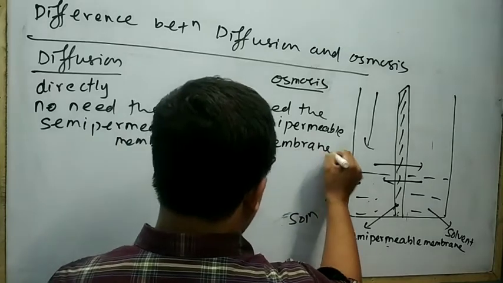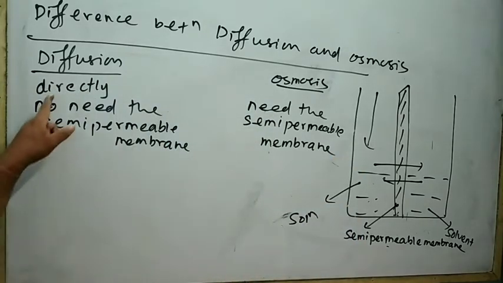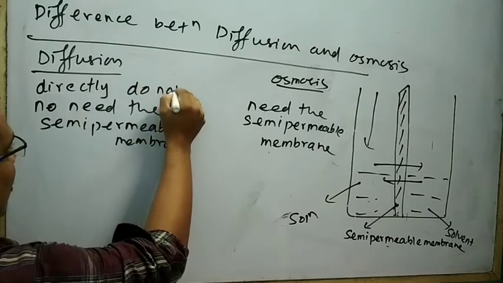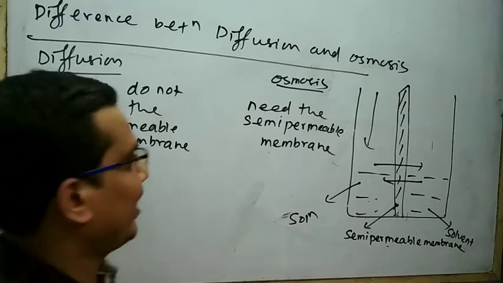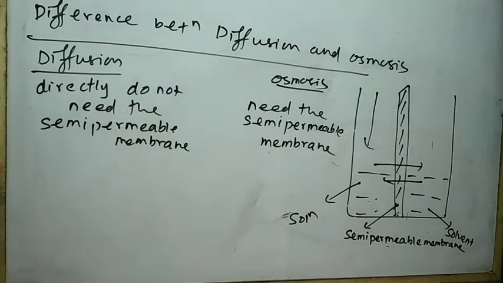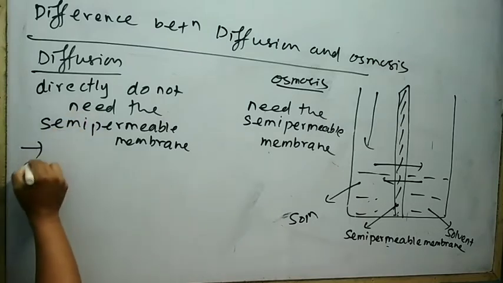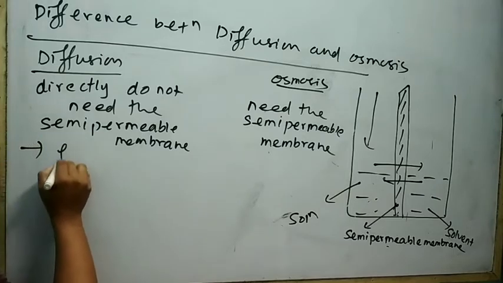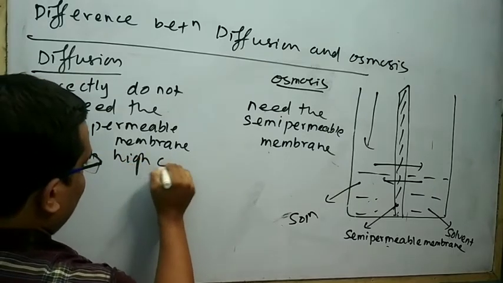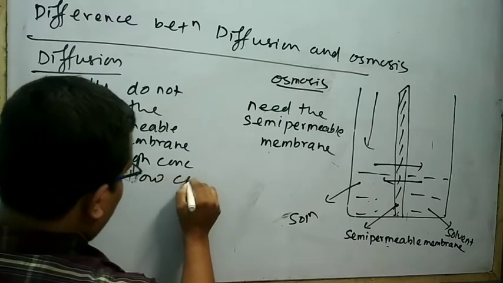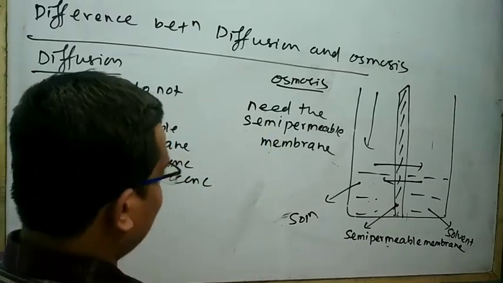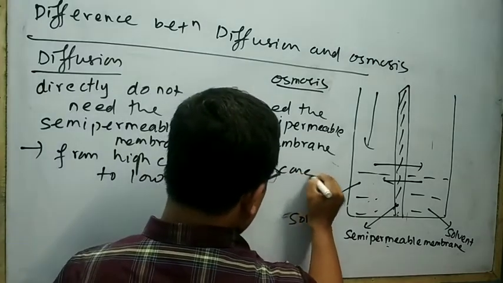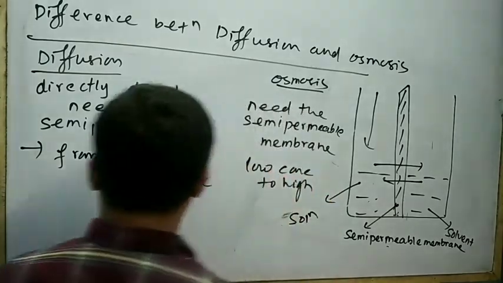This is the main difference. Diffusion generally takes place by flow of molecules from high concentration to low concentration. But in osmosis, there is the flow of solvent molecules from low concentration to high concentration.